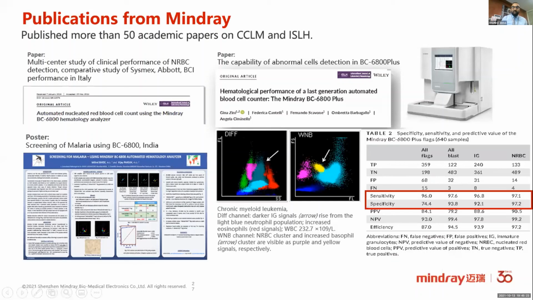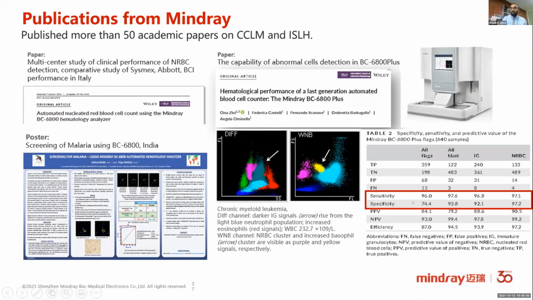For example, here is a malaria screening poster in India, or some papers to check the performance and clinical comparison, and studies comparing with other competitors. And here also a special study on the compatibility of abnormal cell detection in BC 6800 Plus.